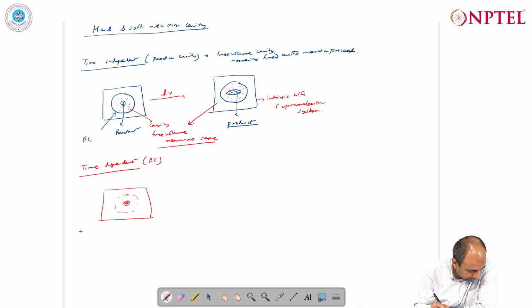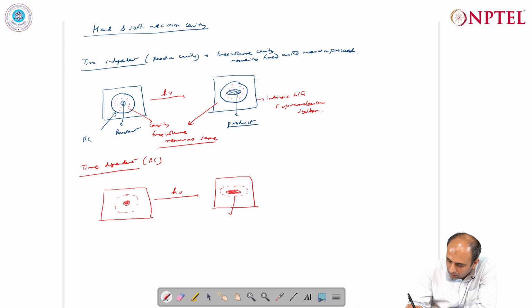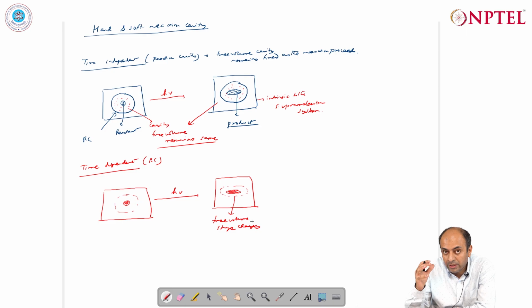This is the reactant, and during the process of the photochemical reaction, again this is fixed, but now you see the free volume shape changes to accommodate the product. It was spherical here, whereas here it becomes less spherical, more of an ellipsoidal type of cavity.